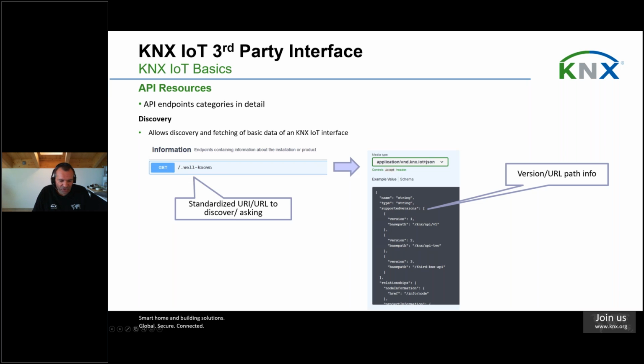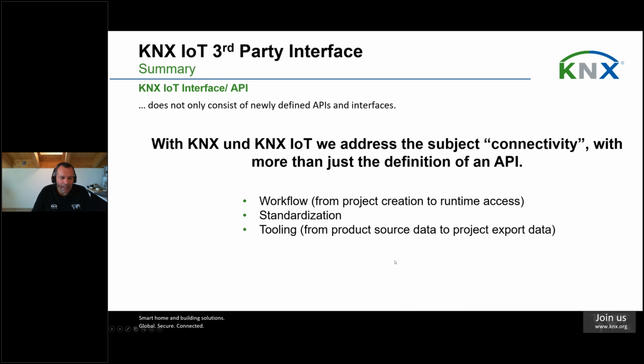Good. That was a short overview about the API and its endpoints and how data is fed into the API itself. The question at the end is, it's not only an API and an interface. There are many APIs in the world. The question is, can we make a practical working solution out of it?